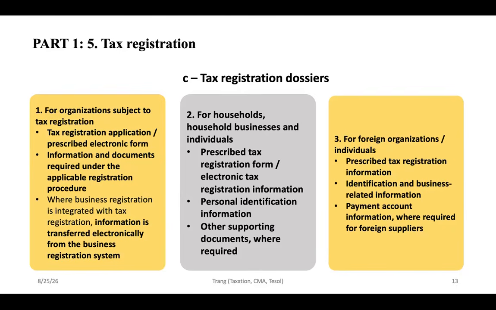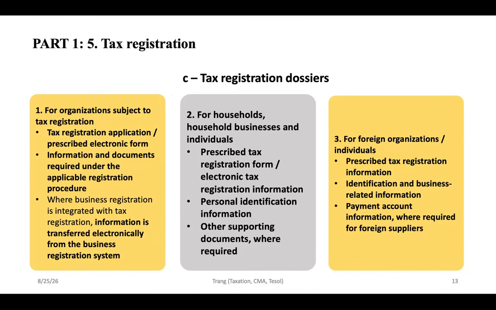Let's start with the first group, organizations subject to tax registration. They must submit a formal tax registration application or a prescribed electronic form. They need to include all necessary documents required under their specific registration procedure.